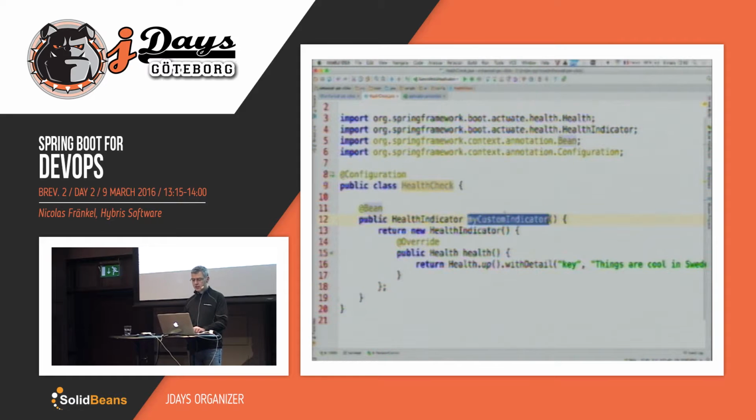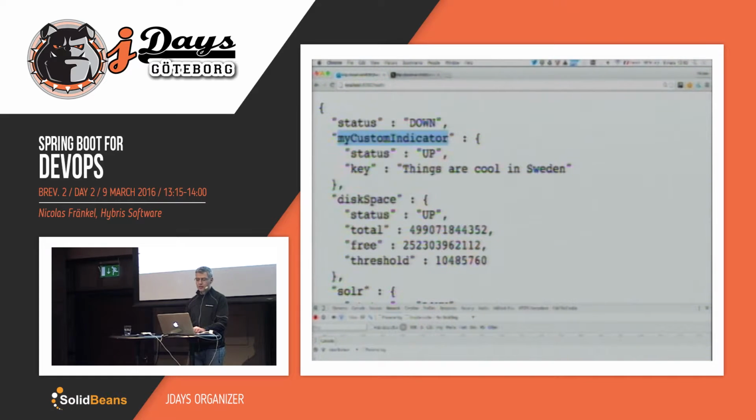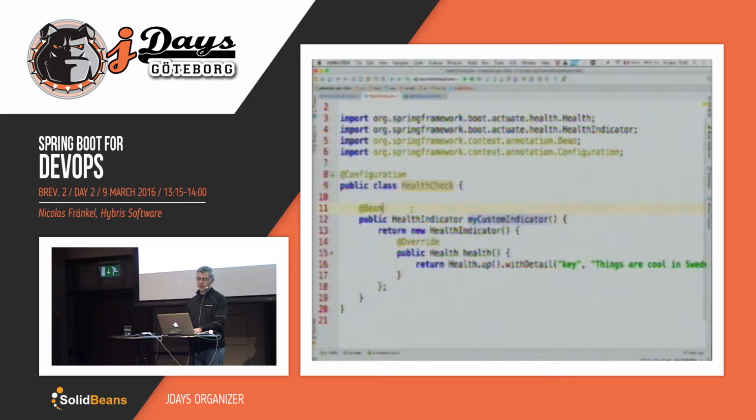I might also show you, for example, here we see that the bean is my custom indicator, so the method name is my custom indicator, so the bean name is my custom indicator. So in the end, the key name is my custom indicator. If you want something a little different, for example, with spaces, now how is it?